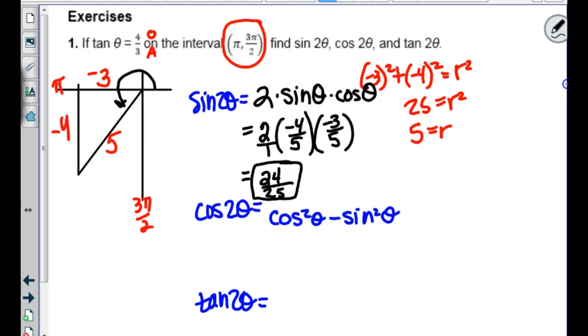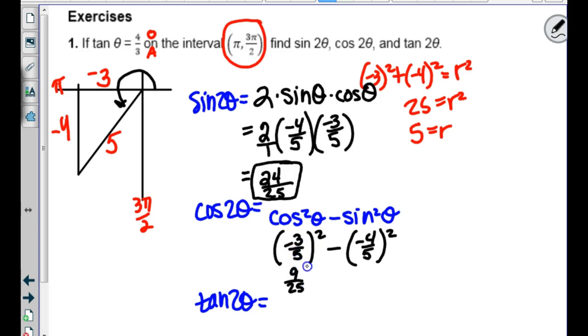Okay, cosine squared theta minus sine squared theta. All right. So what was the cosine again? -3/5, and it says I have to square it. And then I'm going to subtract the sine squared. What was the sine again? Okay, what happens when you square this one? 9/25, right?